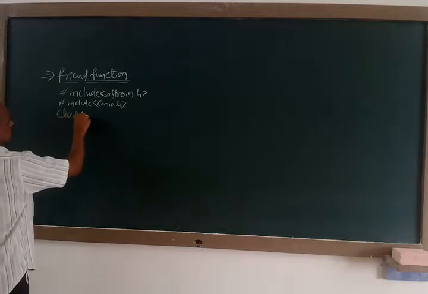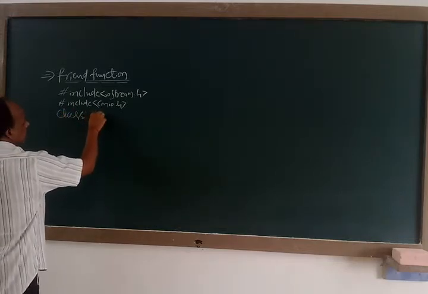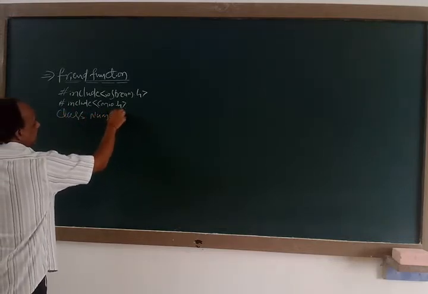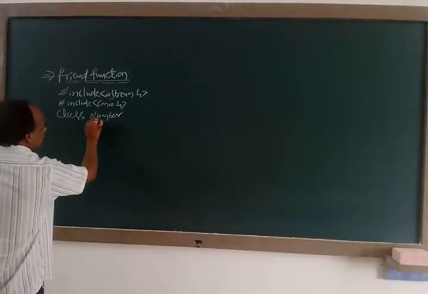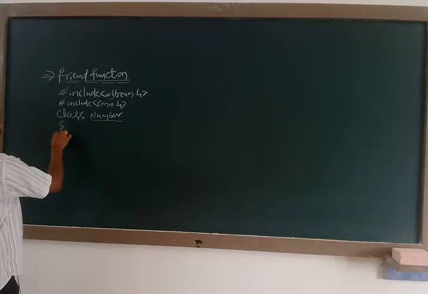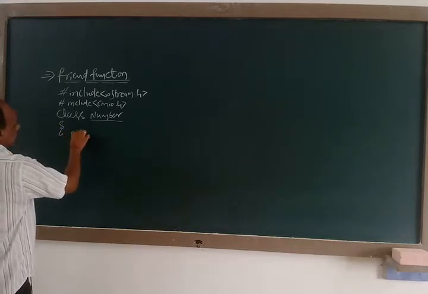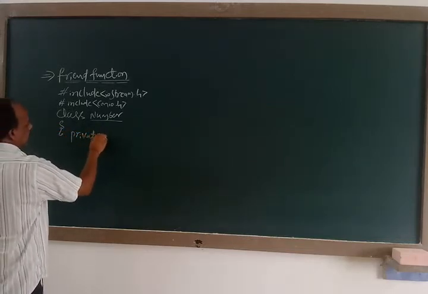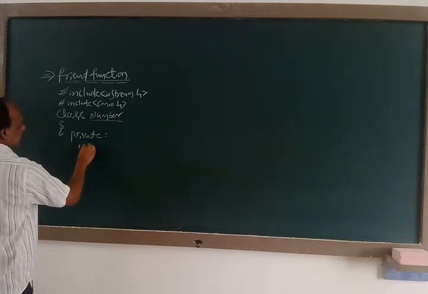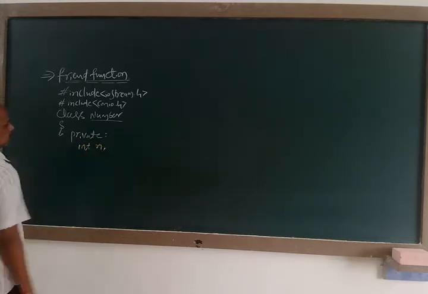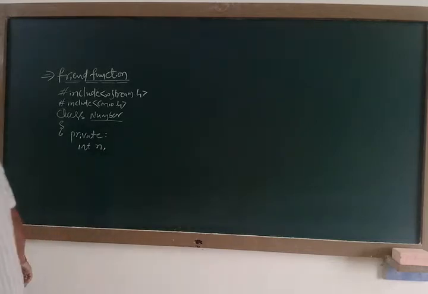Class. I am saying class name number because we have to check whether that number is even or odd. That's why I am taking the class name as number. Next, private. In private, I am going to declare one int variable n.